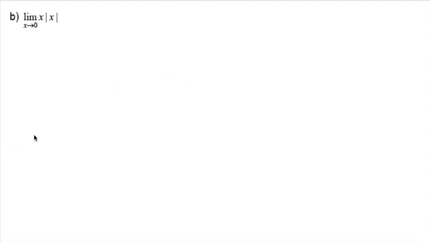Let's take a look at another absolute value function. So here I have the limit as x approaches 0 of x times the absolute value of x. Same thing, I want to think about what is happening to the absolute value function. If we think about what it looks like on a Cartesian plane, this is your absolute value function.